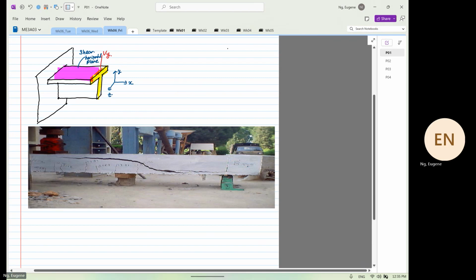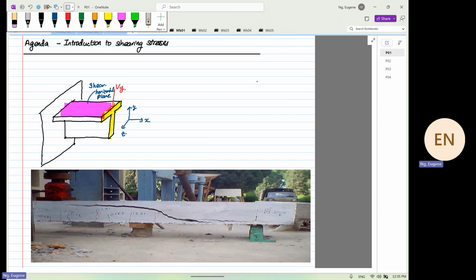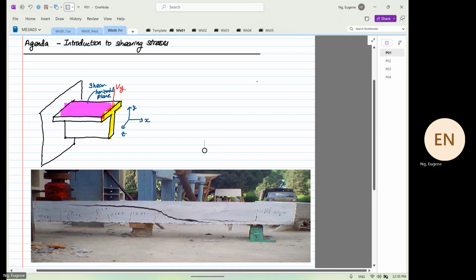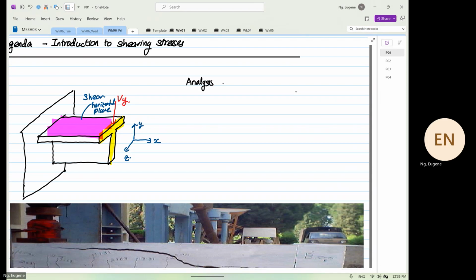So now we know from this transformation over here, the analysis carried out is on the YZ plane cross-sectional area.